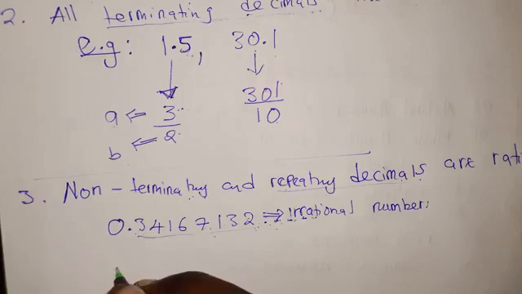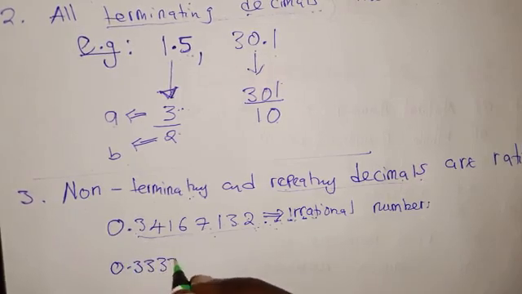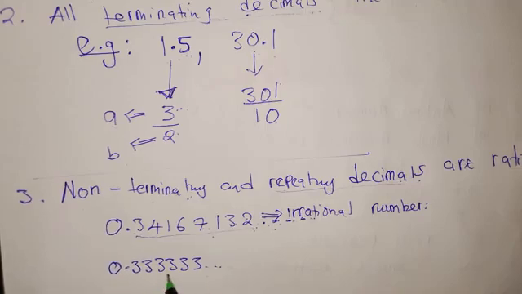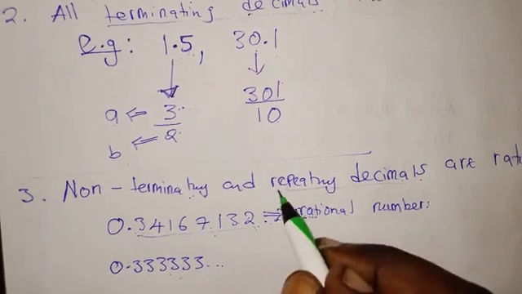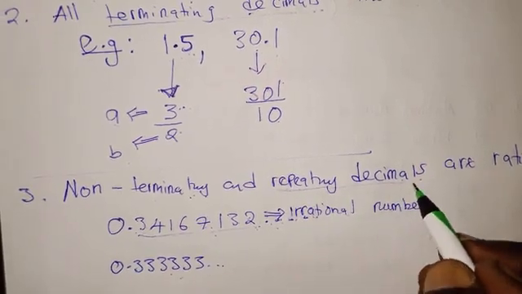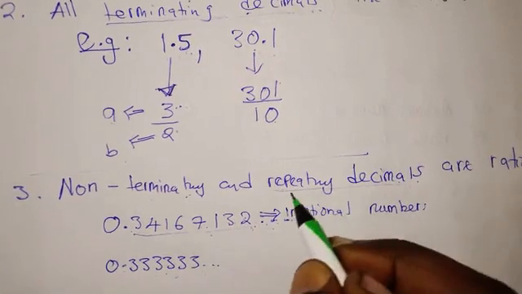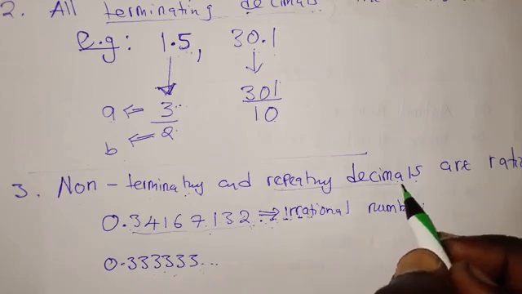But if I look at a number such as 0.333333, what is happening here is that this is a non-terminating decimal number, but it has repeating decimals.